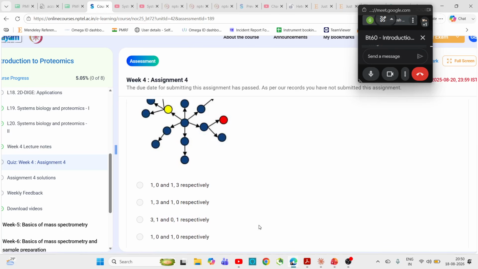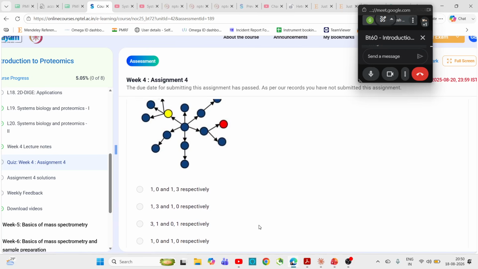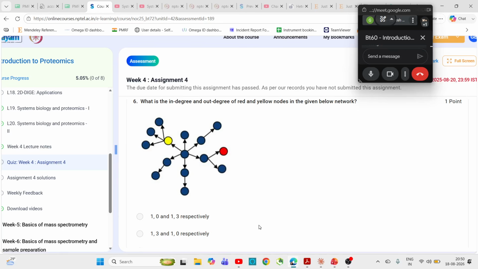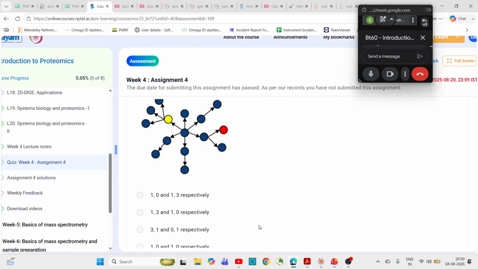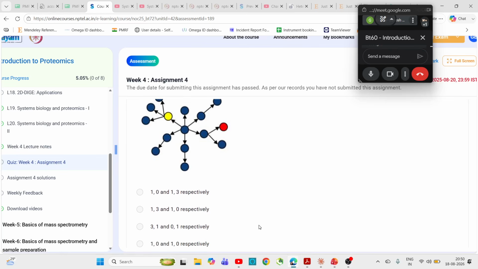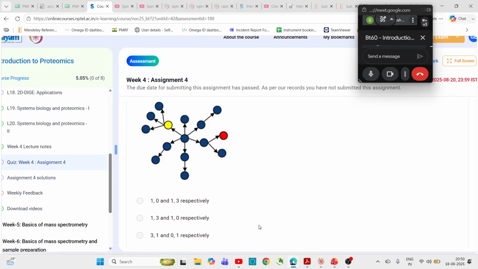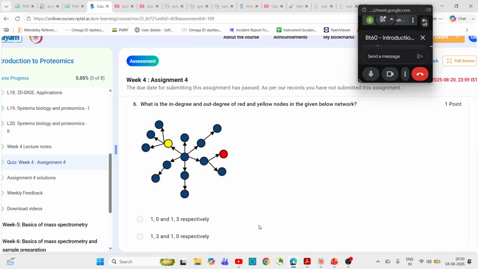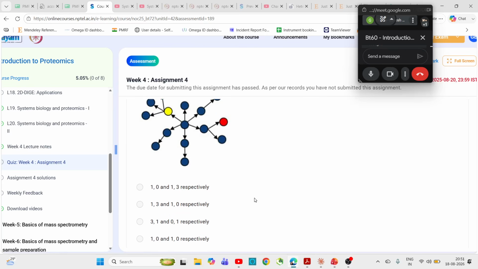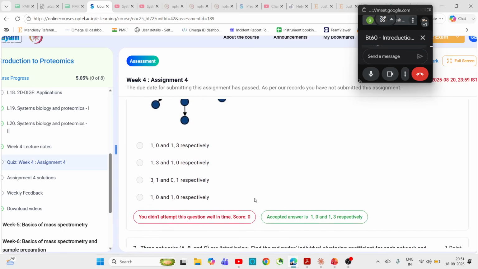Can you explain that? So for red, it is 1, 0, yes, because its in degree is 1. There is no out degree here. There's nothing going out. For yellow, it is 1 and 3, right? Yeah.